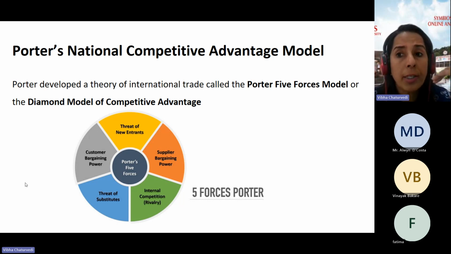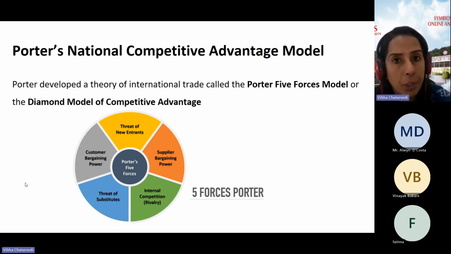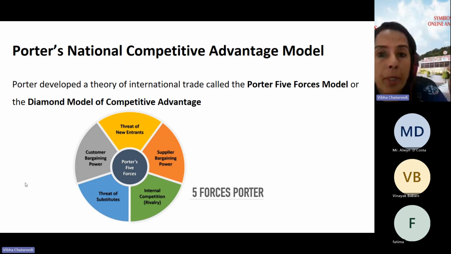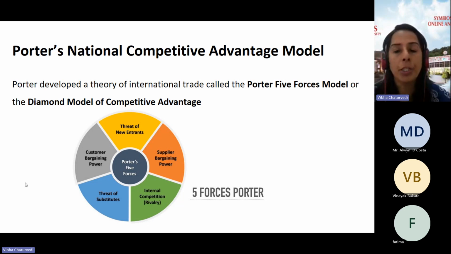So the five forces analysis can help companies assess industry attractiveness, how trends will affect industry competition, which industries a company should compete in, and how companies can position themselves for success.